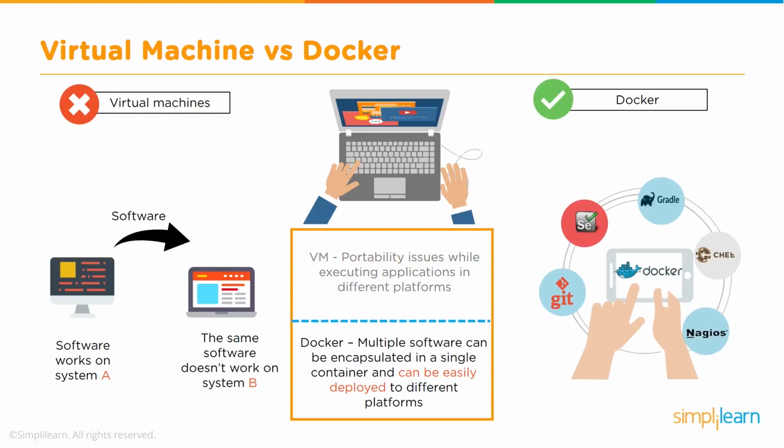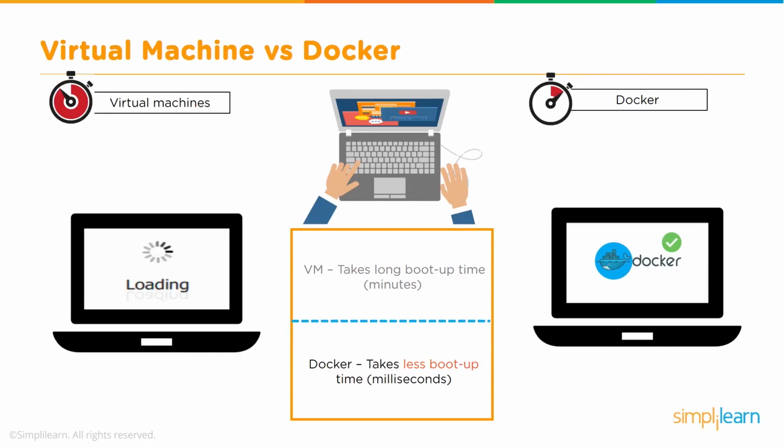Whereas Docker itself is designed specifically to run across multiple environments and to be deployed very easily across systems. And again, the boot up time for a VM just takes a long time. You're talking about minutes, in contrast to the milliseconds it takes for a Docker environment to boot up.